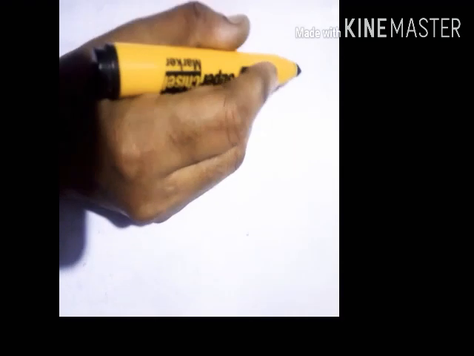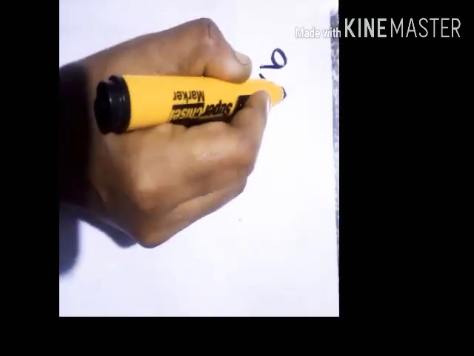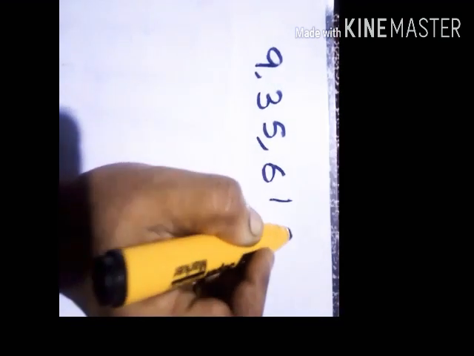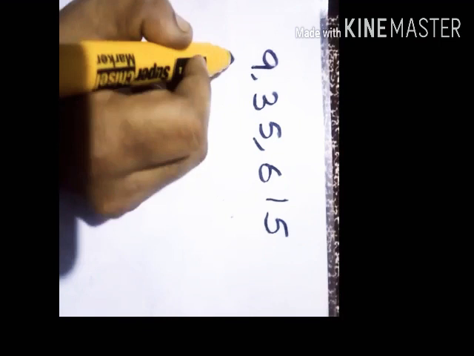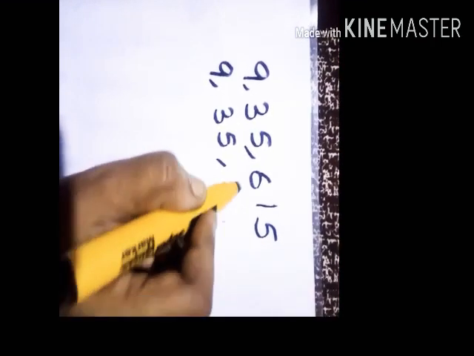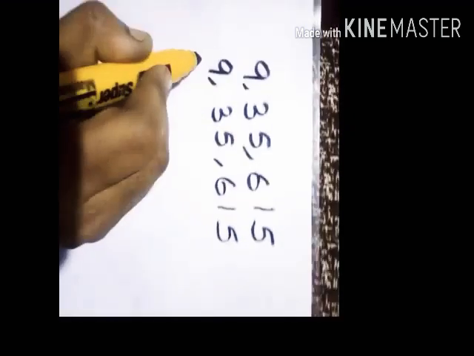Now the third property is, when a number is subtracted from itself, the same number will be subtracted, and the difference is always 0. So let us take one example. 9,35,615. You have to subtract 9,35,615.